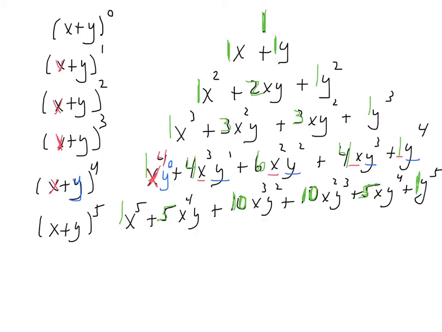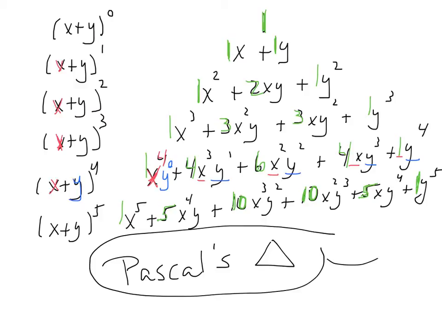Now, I don't know if you've ever noticed on the back wall, but there's something called Pascal's triangle on the back wall on the poster. And Pascal's triangle looks just like the coefficient piece of this expansion triangle. So I'm going to go to a new stage and I'm going to just put in Pascal's triangle.